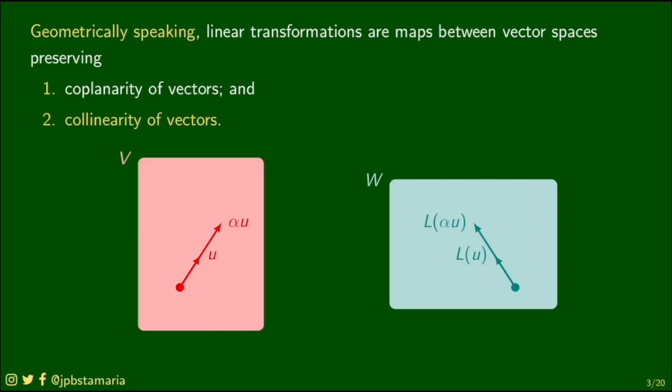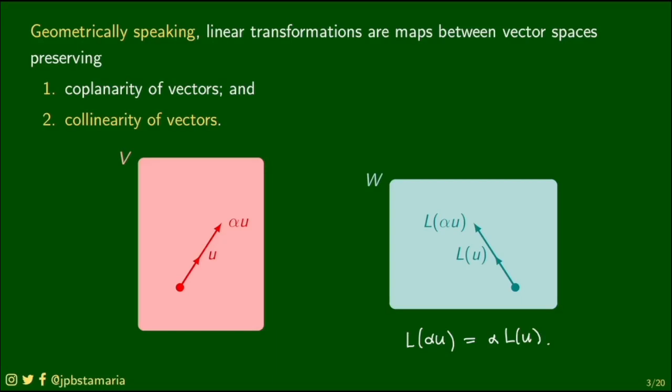Because L is a linear transformation from V to W, it will take u to W to a vector called L of u. Also, the product alpha times u will be transported to W using L, and its image will be L of alpha u. For L to be a linear transformation, the vector L of alpha u must equal alpha times L of u.